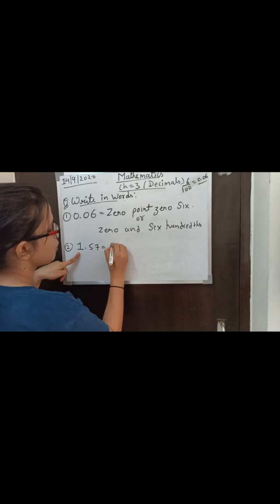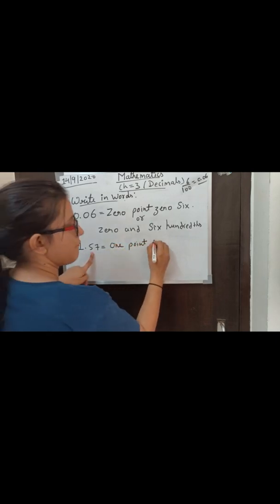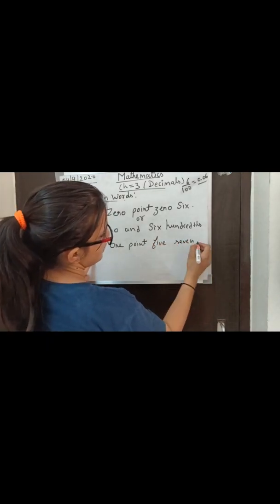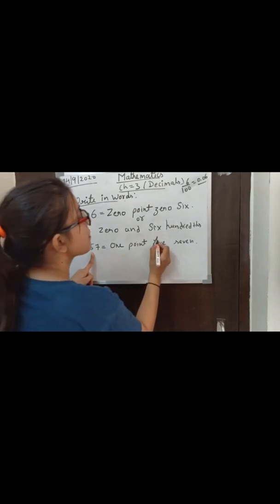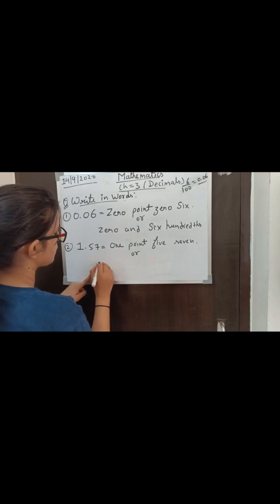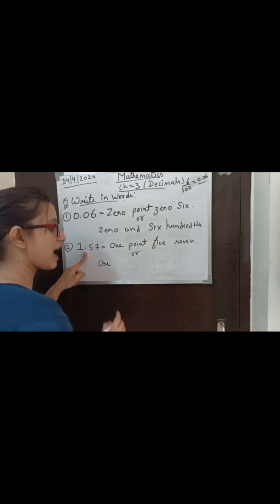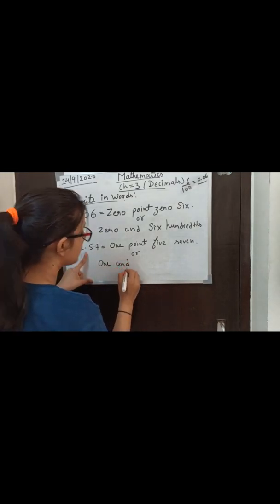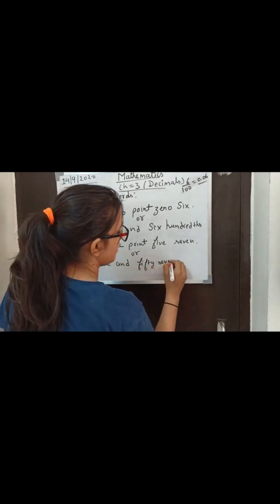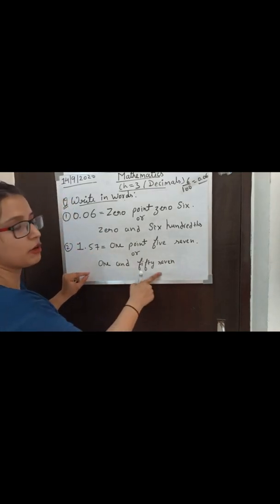Okay. Now another example. 1. First we will write the whole part. So 1.57. In another way, we can write it like this also. 1. We will not write point here. We will write and. 1 and 57. But if we write just 57 here, it doesn't mean it is a whole number.